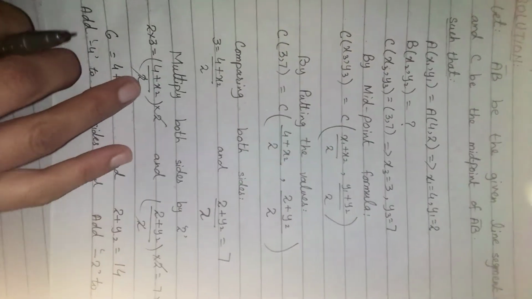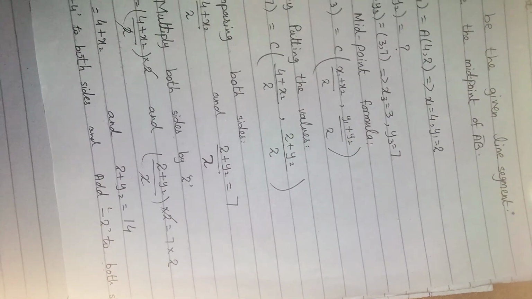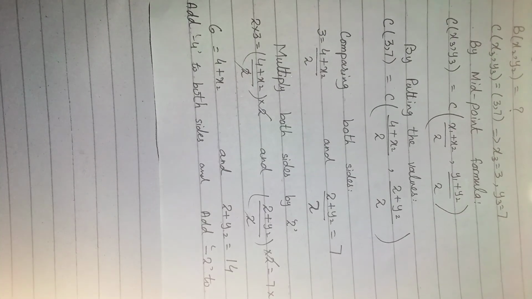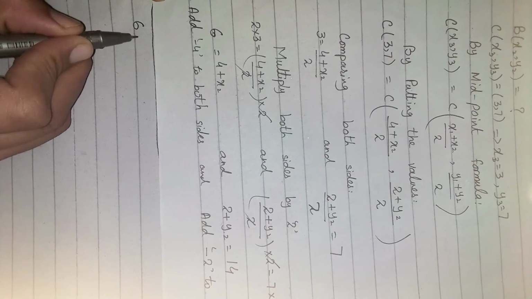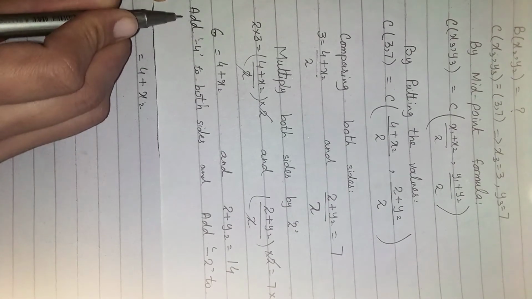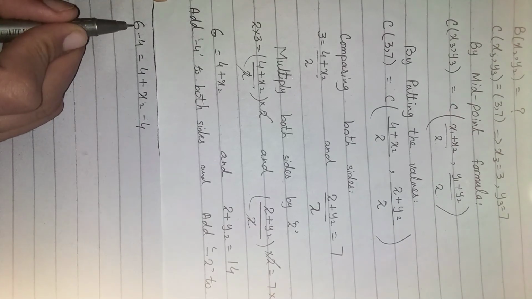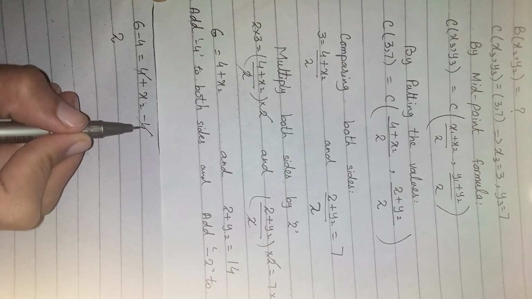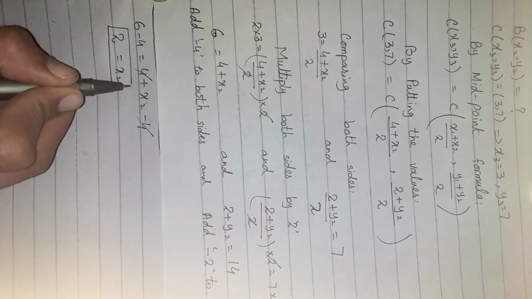So now after this, what we have to do: 6 is equal to 4 + x2, this is our first side. According to this statement, we will add -4 to both sides. So from here we will get 6 minus 4 is equal to 2, and 4 minus 4 will cancel with each other, so x2 is equal to 2. So we got the value of x2.